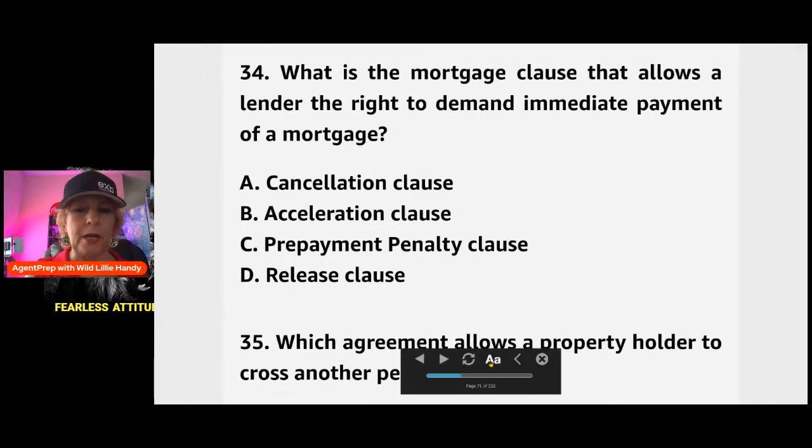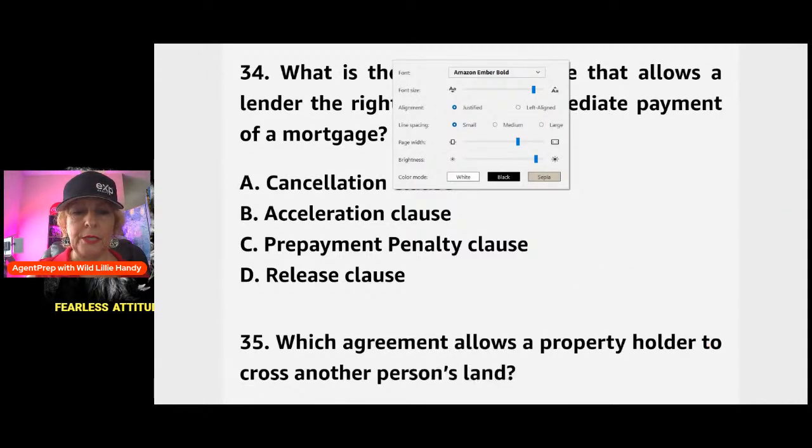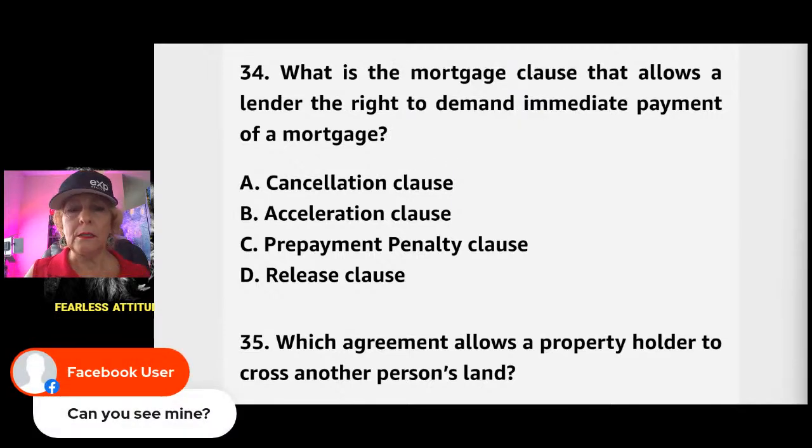Okay, number 35. Did I show it? Can you see mine? No, I cannot see yours. I see you as Facebook user, so I'm not sure who that is because I don't see your name. If you're on Facebook, it'll show me your name, but I don't see your name. So not sure who this is.